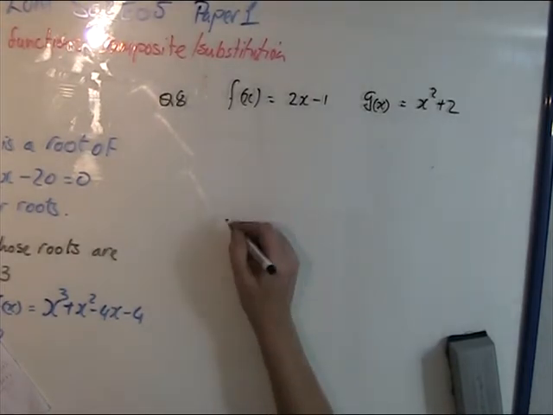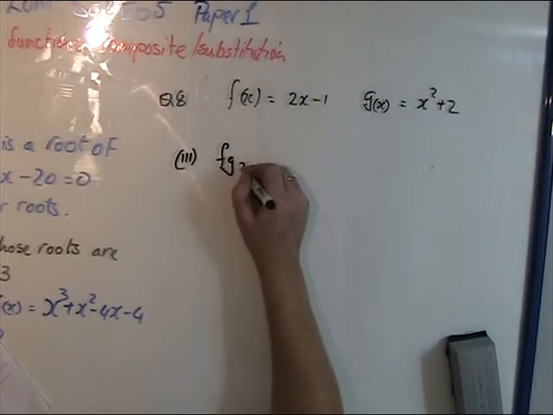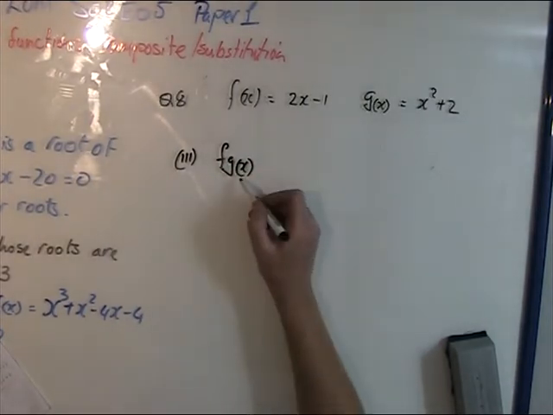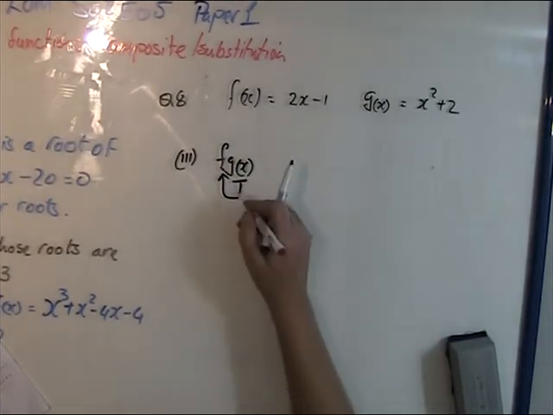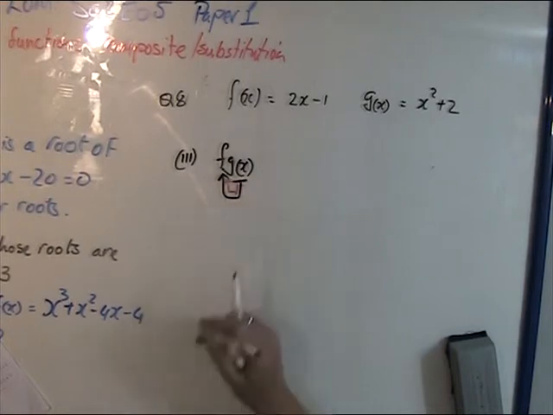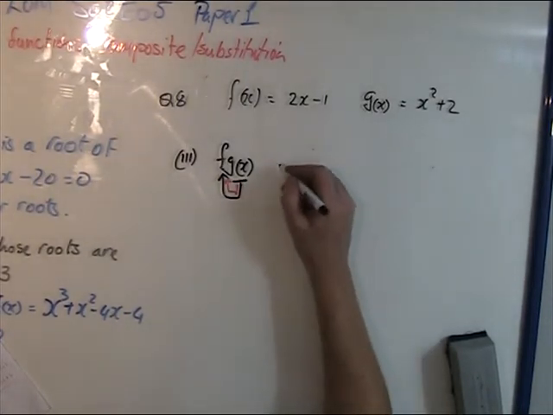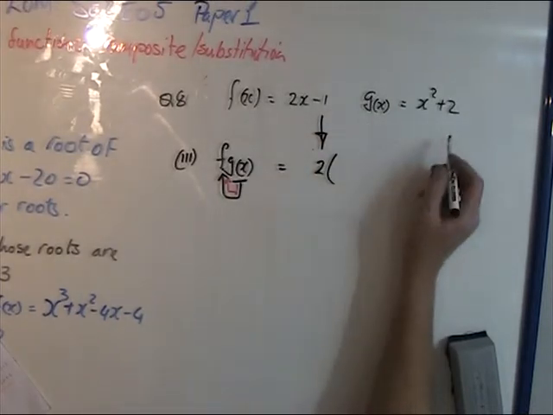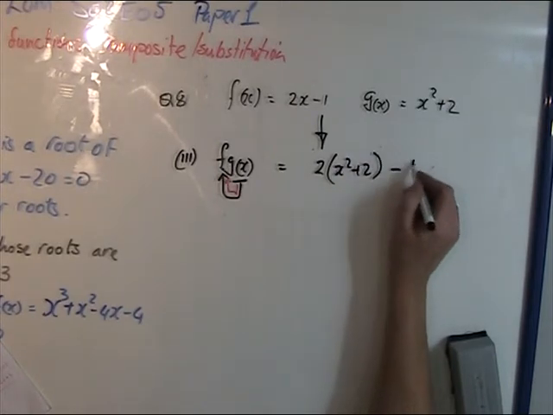It said part 3, fg of x. What's fg of x equal to? Well, that means that you put g of x into f. Okay? Put it into f. So g of x is that, so fg of x is equal to 2 times, I'm bringing this down, you see it, and I'm putting in x, which is g of x, x squared plus 2 minus 1.